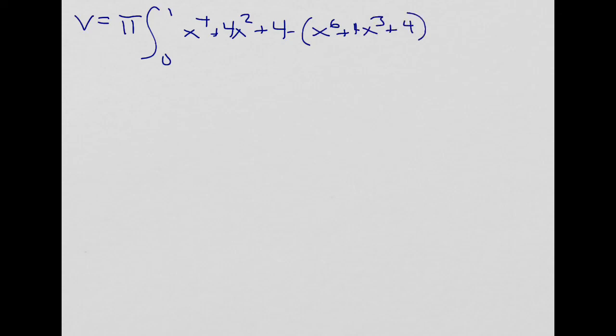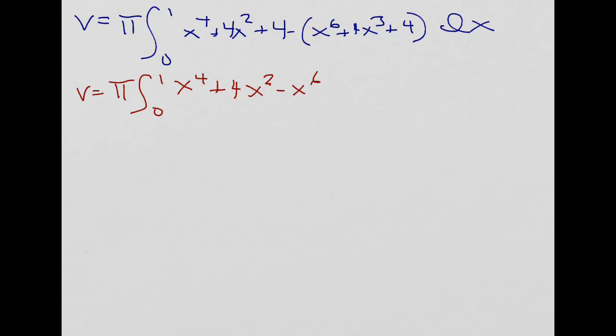And we're doing this with respect to x. So we just have to simplify our expression so that we can integrate this. This will become x to the 4th plus 4x squared minus x to the 6 minus 4x cubed with respect to x.